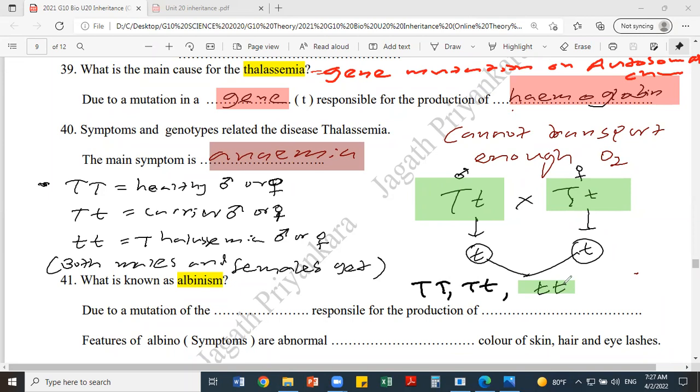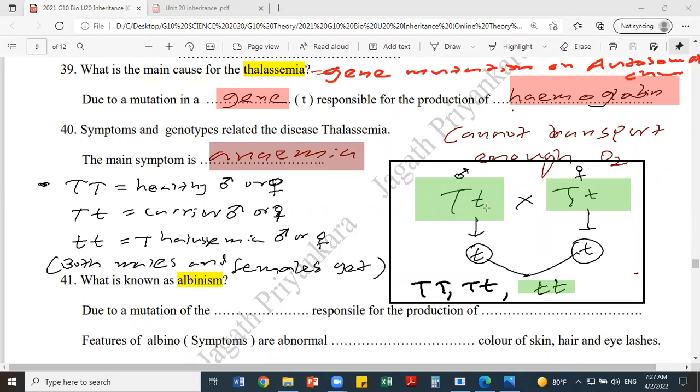Both daughters and sons of all the types are possible: carrier boy, carrier girl, healthy boy, healthy girl. If you write it, it's a good example, and then you can learn it. You can write: the marriage between carrier parents, carrier male and female. Possible children of this marriage: healthy boy or healthy girl, or else carrier girl, carrier boy.